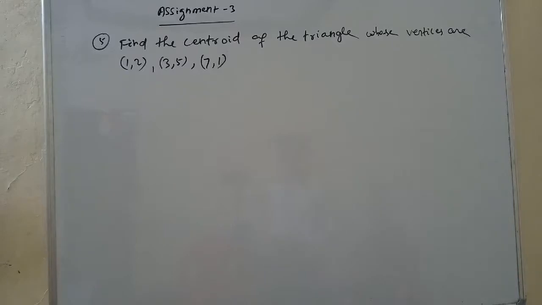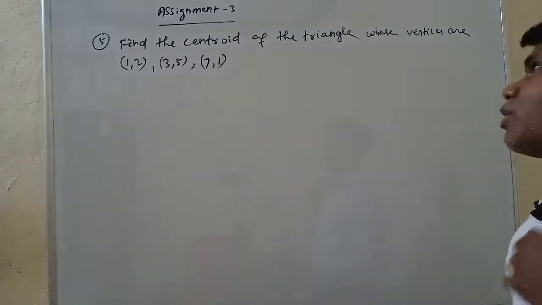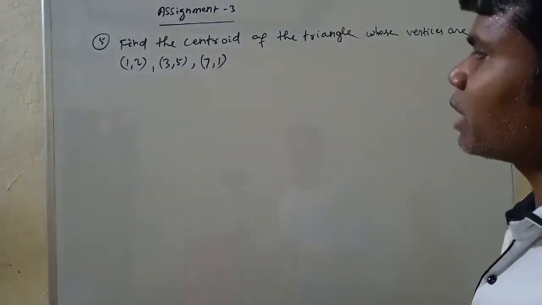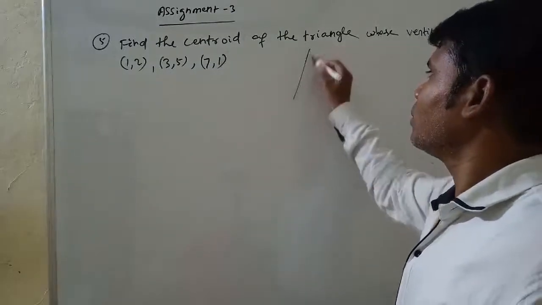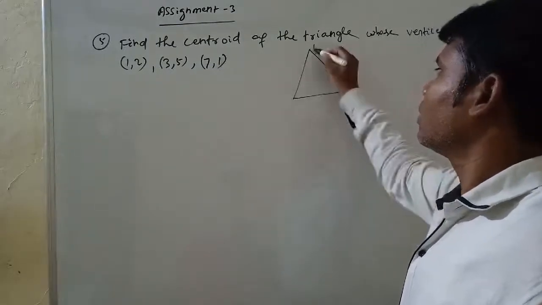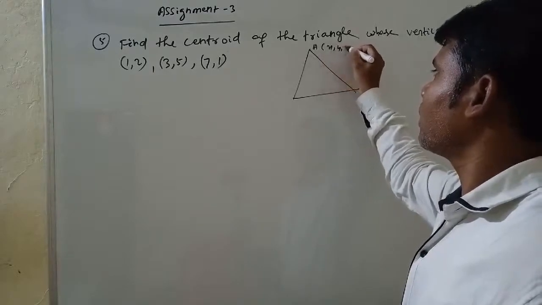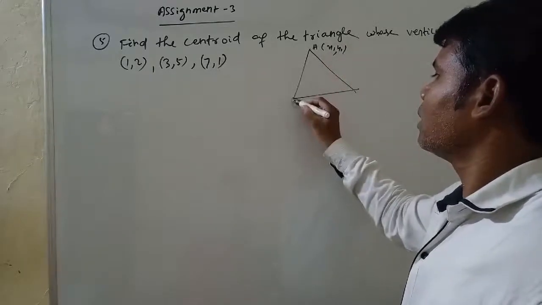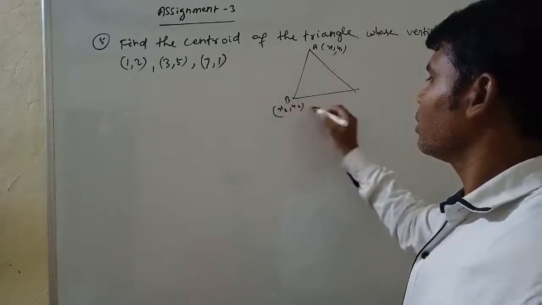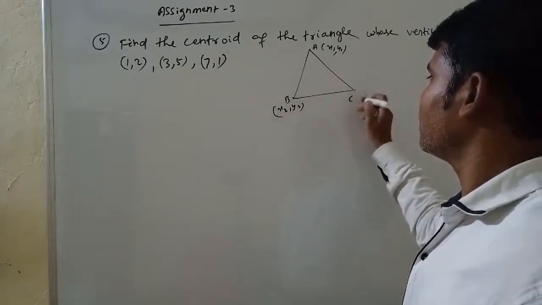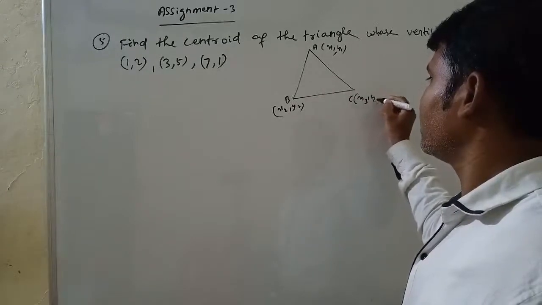You see the next question. Find the center of the triangle whose vertices are 1 2, 3 5, 7 1. Okay, you know, suppose this is A (x1, y1), this is B (x2, y2), this is C (x3, y3).